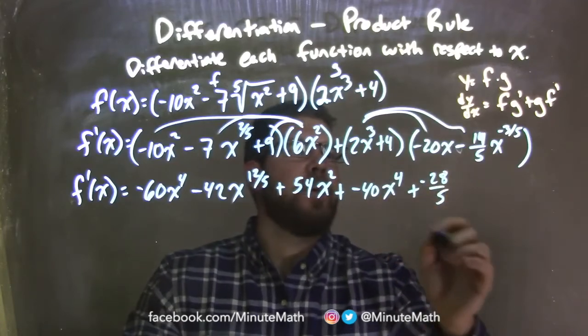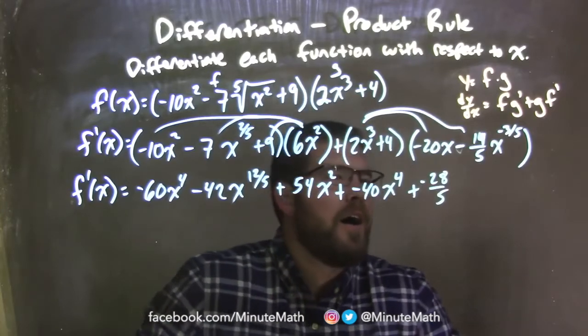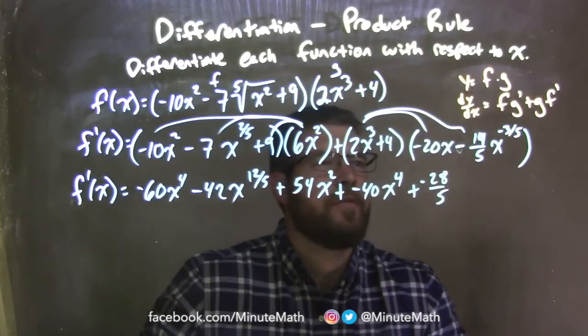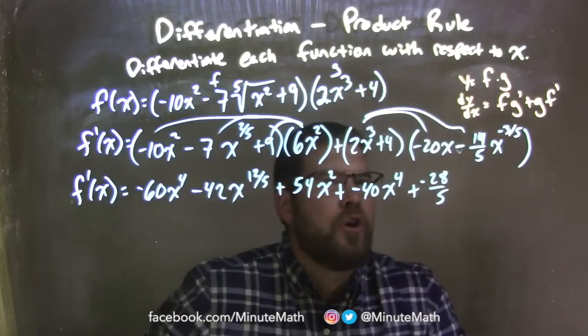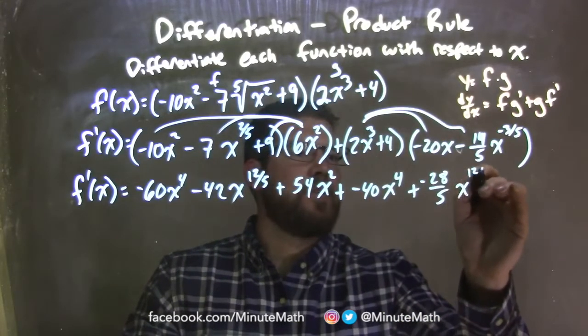We add our exponents, so 3 plus a negative 3/5 comes out to be 15 over 5 minus 3/5, so that's 12/5 again. So we have x to the positive 12/5 here.